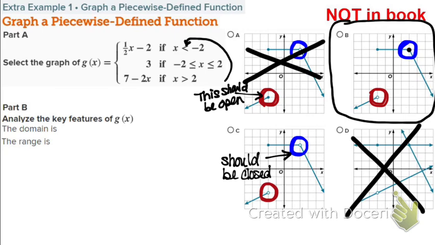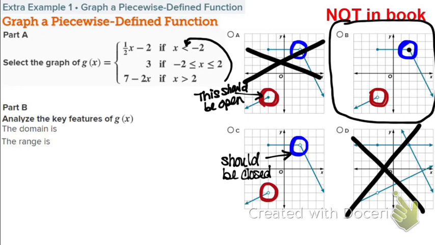Last thing, domain and range. I'm only looking at this graph right now. Could I move from the left to the right on this graph without stopping, even if I had to take some elevators? Yeah. I can start over here, take an elevator up, go over here, go down. I can get from one side to the other.